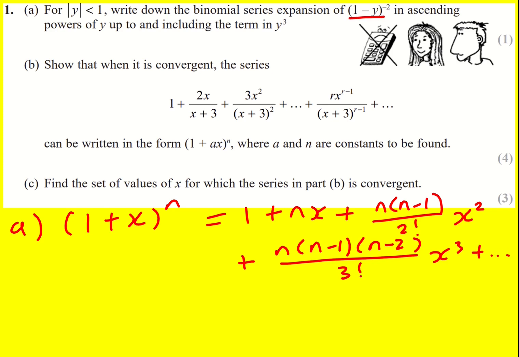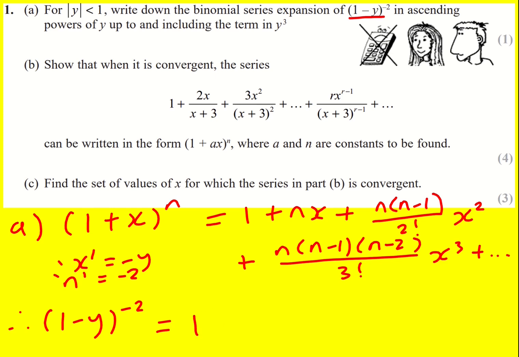Therefore, in the case that we have (1 - y)^(-2), our x is actually equal to -y, and our n is equal to -2.